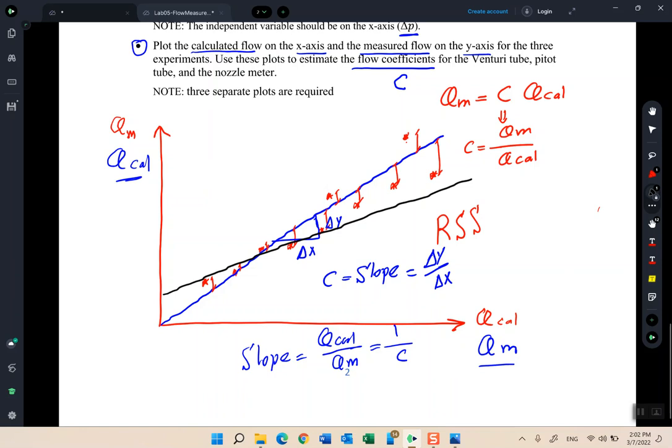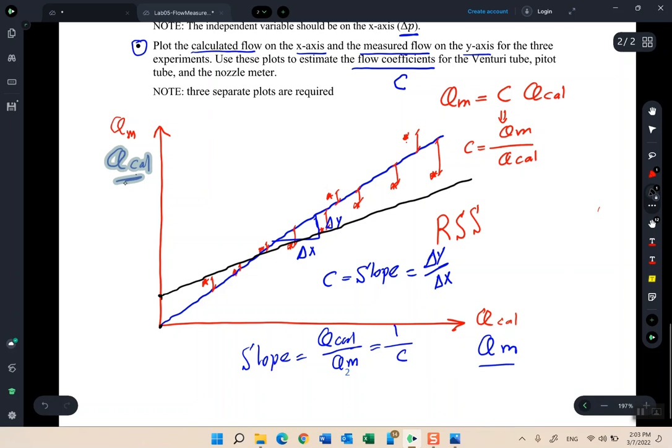Exactly. This is totally correct. So what your friend said is that if I use the black line, this means that at Q measured equals 0, I can get a certain value for Q calculated, or vice versa.